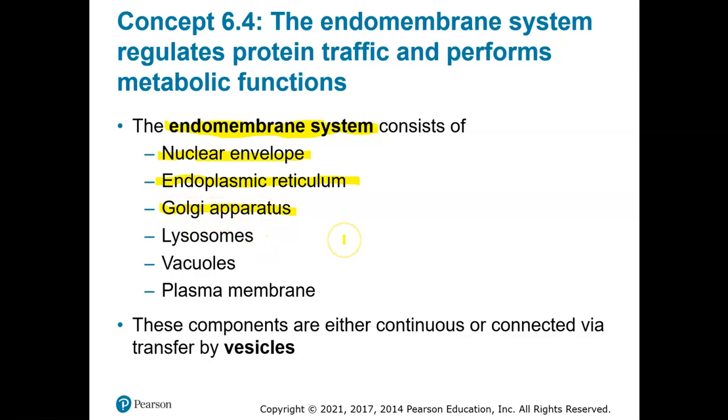Those vesicles will either take the product to the plasma membrane and release it outside the cell, or it may be something that stays inside the cell. Lysosomes are special vesicles that contain digestive enzymes.